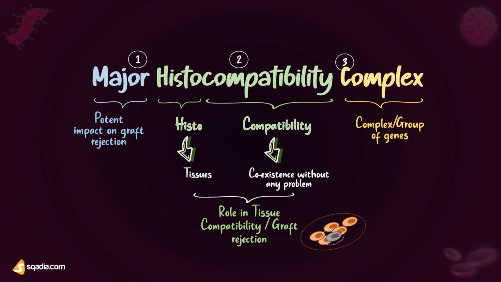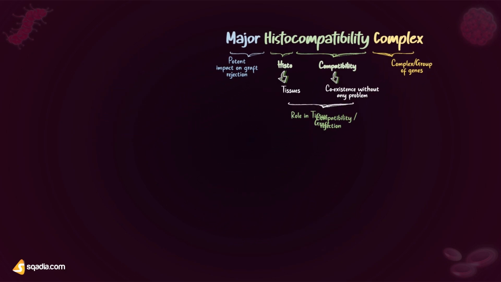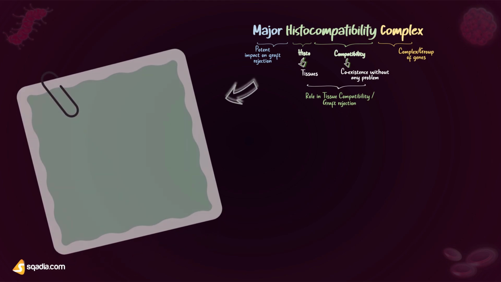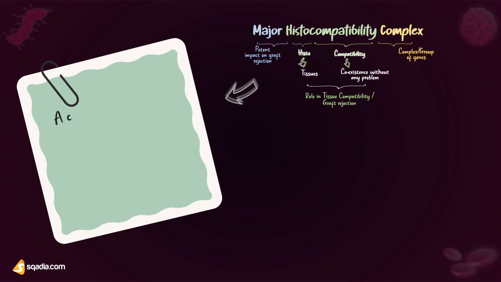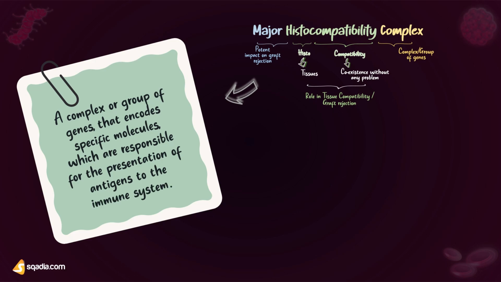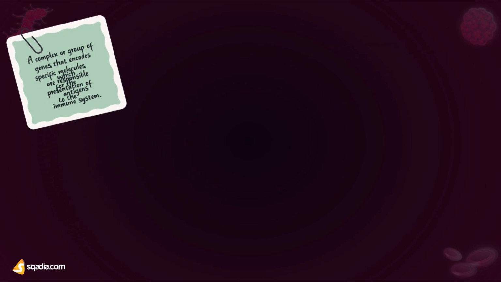So, after getting a brief idea from the term Major Histocompatibility Complex, now let's define it properly. Major Histocompatibility Complex is a complex or group of genes that encode specific molecules which are responsible for the presentation of antigens to the immune system. So, simply, what did we learn from this definition?